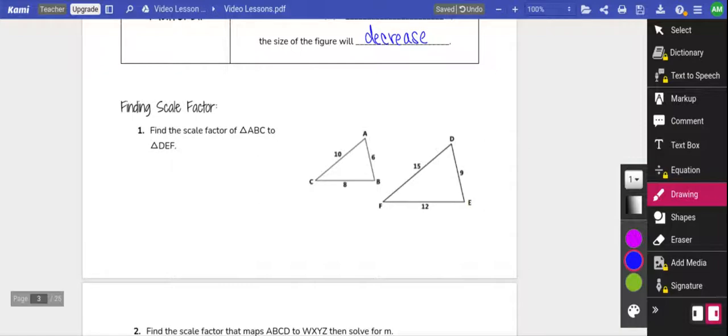Let's determine the scale factor again. From ABC to DEF. That means that ABC is my pre-image and DEF is my image.